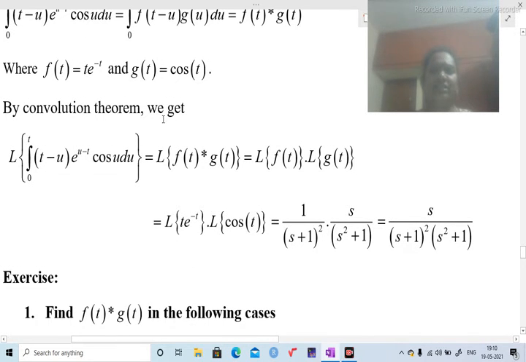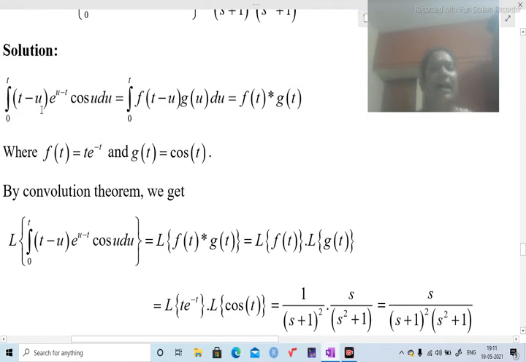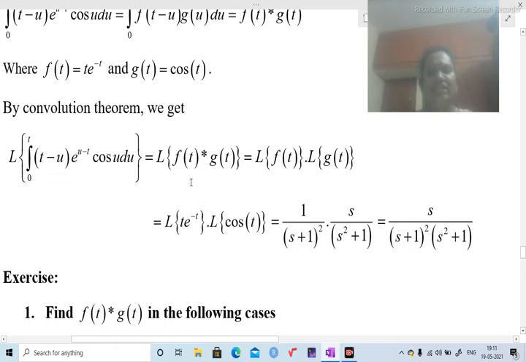By convolution theorem, we get L of integration 0 to t of (t minus u) e power (u minus t) cos u du equals L of f of t star g of t. That means I am taking Laplace transform on both LHS and RHS. By using convolution theorem, L of f of t star g of t equals L of f of t into L of g of t. But I know the value of f of t, that is t into e power minus t. G of t value is cos t.